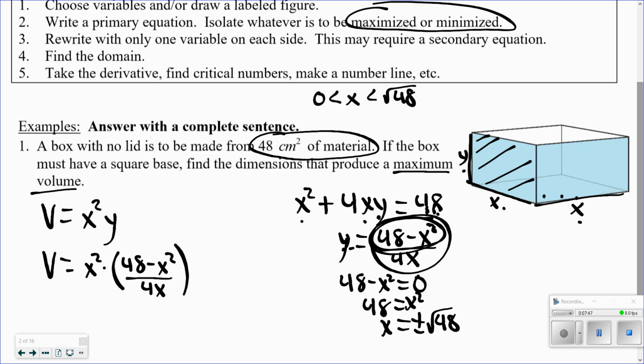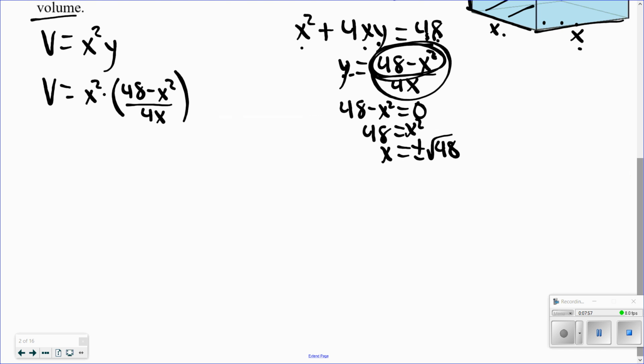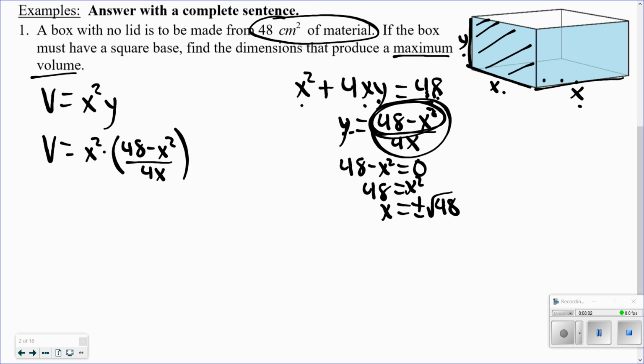Okay, number 5. We're going to now take the derivative and do our number line with that. Before I take the derivative, I'm going to take that equation and make it a little easier to work with. If I have x squared times this, I can cancel out that x with one of those. So I get the volume equals x times 48 minus x squared, over 4.